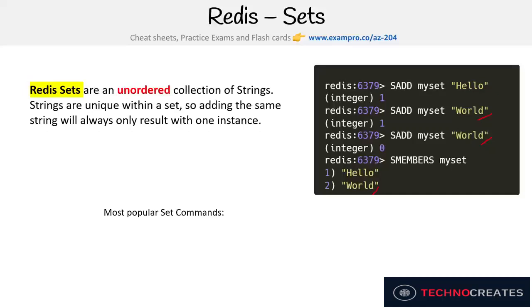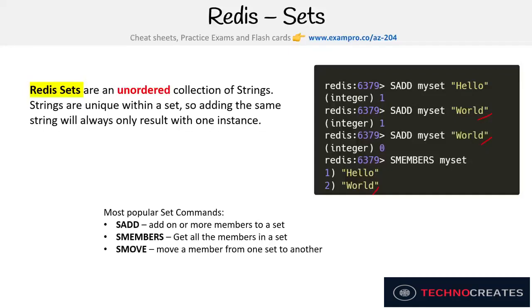The most common commands here are SADD, add a member; SMEMBERS, show us all the members; SMOVE, move a member from one set to another; and SPOP, similar to RPOP, like what we saw with list. So just remove one or multiple random members from a set.